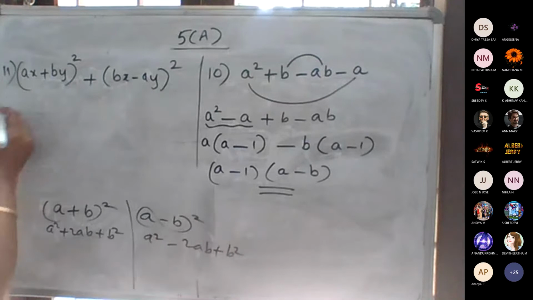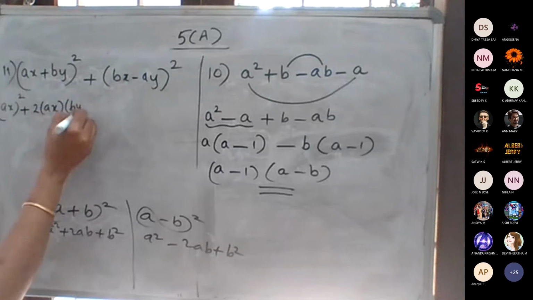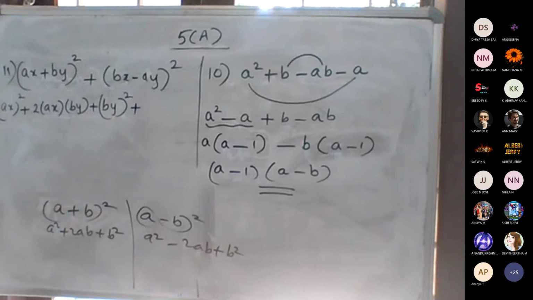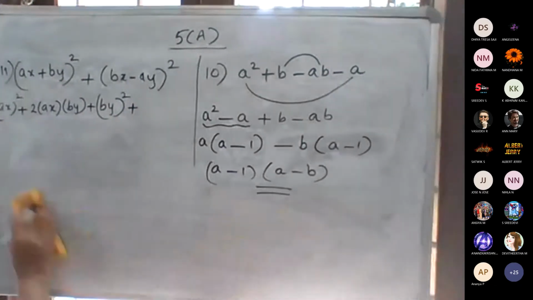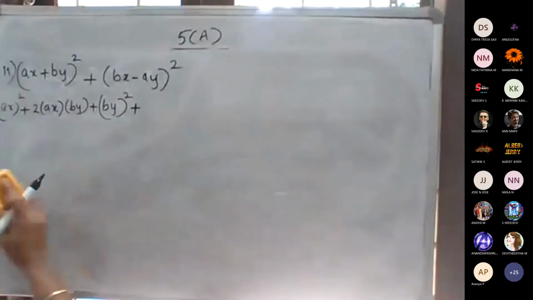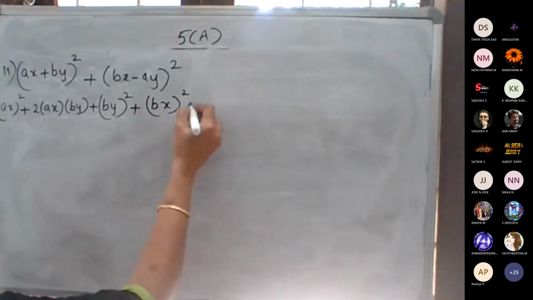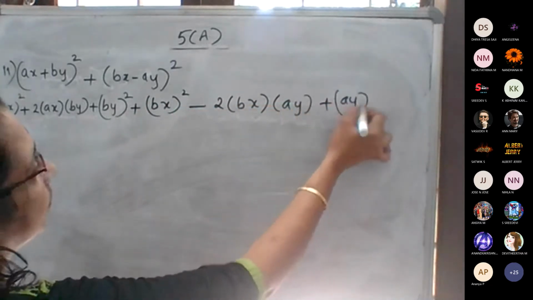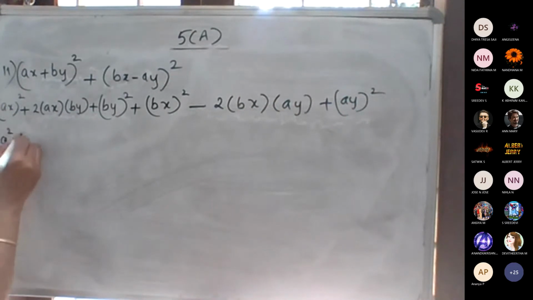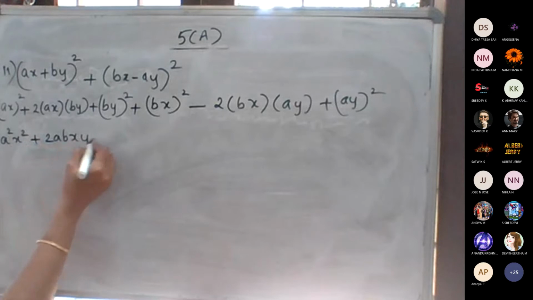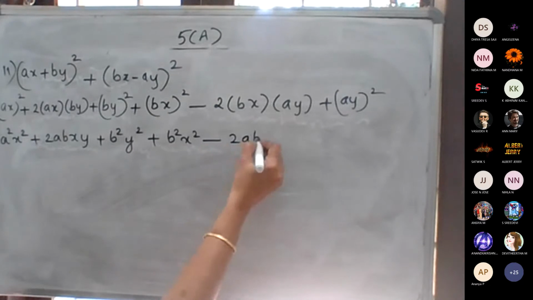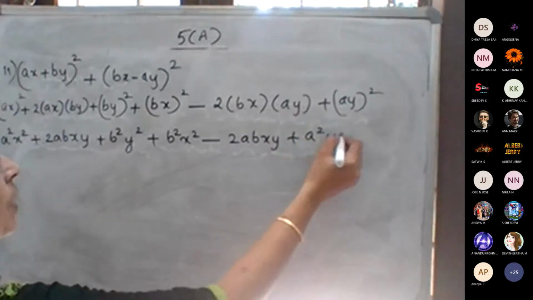So how can we write it? (ax plus by) whole square is a square x square plus 2abxy plus b square y square, plus (bx minus ay) whole square is b square x square minus 2abxy plus a square y square.